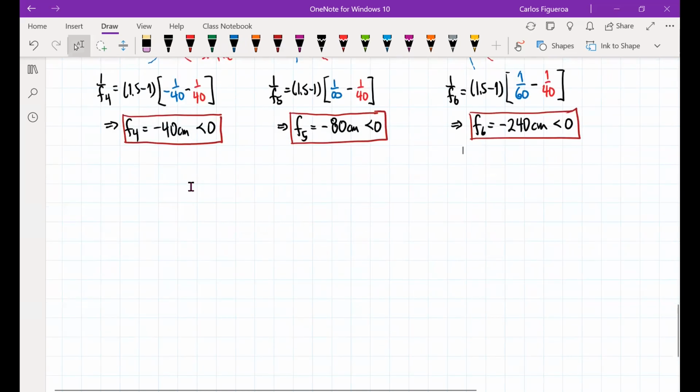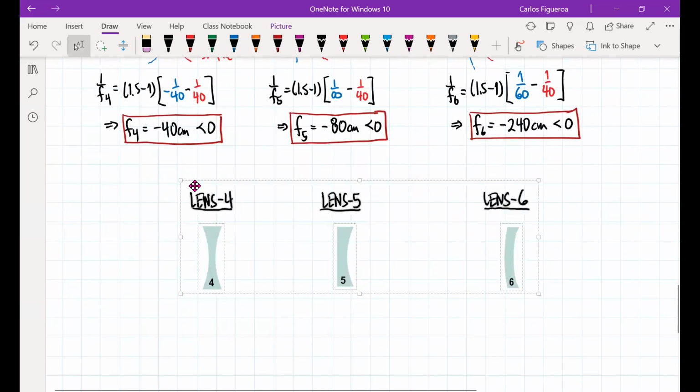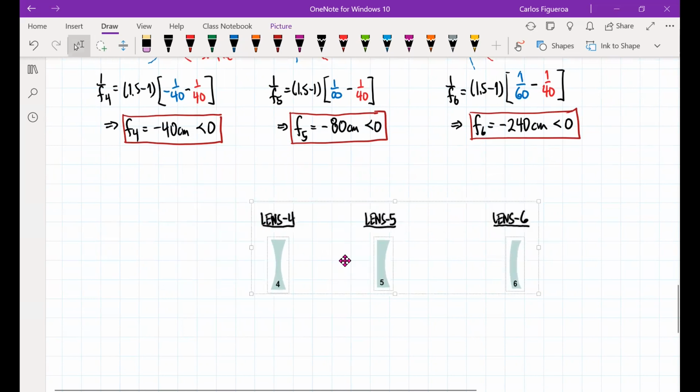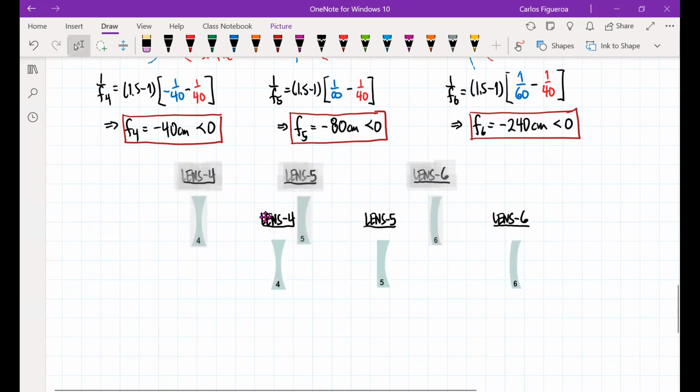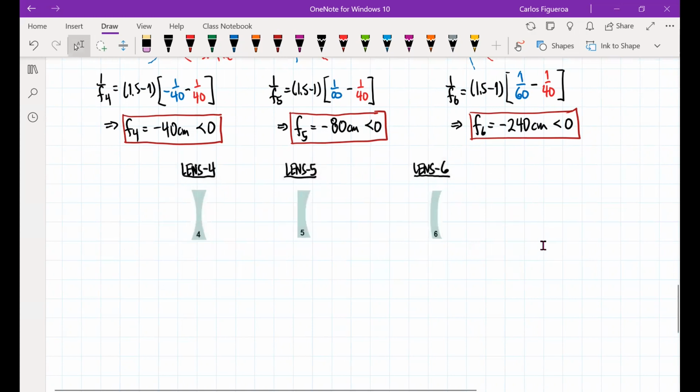Now, if I was to draw a ray diagram for these guys, here's what you would expect to see. I have light coming in, and because the light is coming in, it gets diverted away. So then what I do is I follow where the rays cross back. And this point is what they call f4. Again, this lens would tell me that it comes here to the middle of the lens.